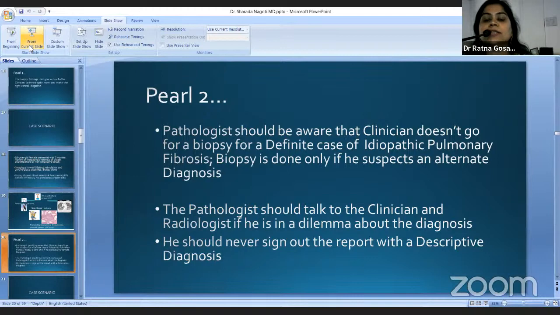So if the pathologist is in a dilemma about the diagnosis, he should not sign out the report with a descriptive diagnosis. He should always communicate with the clinician and radiologist, and only then sign out the report. So this is the pearl for this case. Hope I'm clear on this.